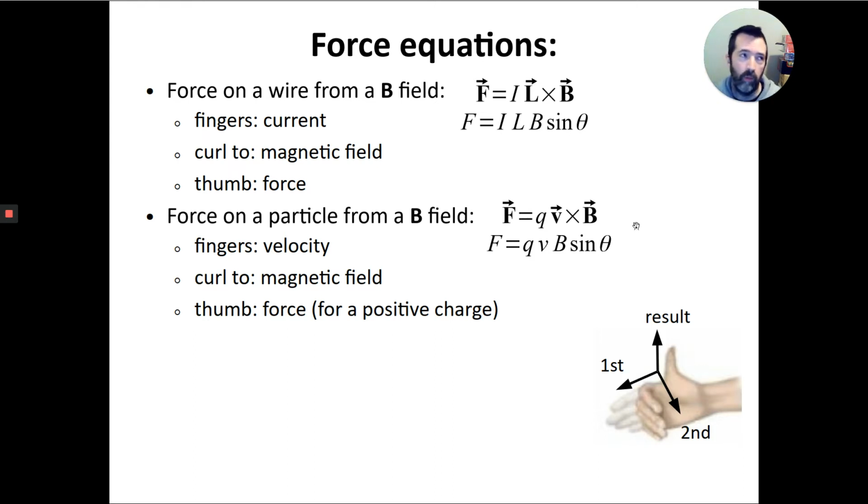If you think back to when we were studying circular motion, centripetal force, that sort of thing, the way you get uniform circular motion is if the force on your object is always perpendicular to the velocity. And that is exactly what happens when a particle is moving in a uniform magnetic field. The particle will move in perfect circles. That's kind of an interesting phenomenon.